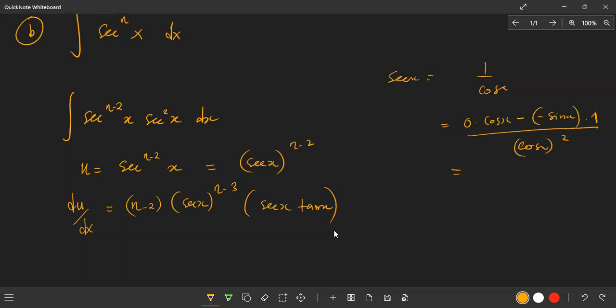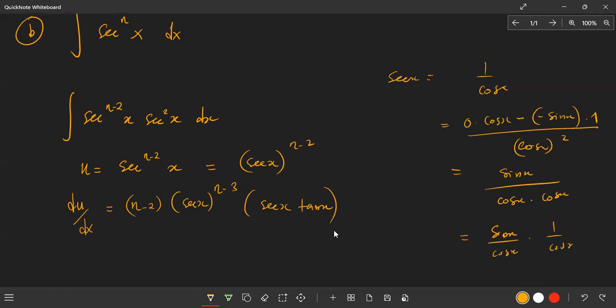So you notice that what you're going to have on top is just negative negative sin x, because the first part is just 0. This is just positive sin x over cos x squared. This cos x squared, I can write as cos x times another cos x. So you can split this as sin x over cos x times 1 over cos x, right?